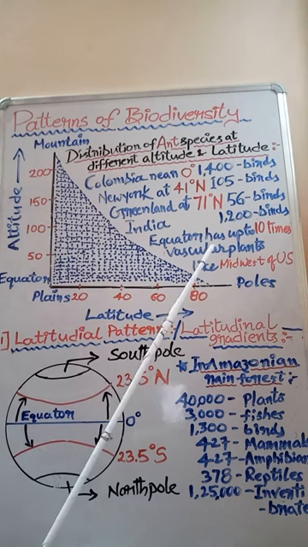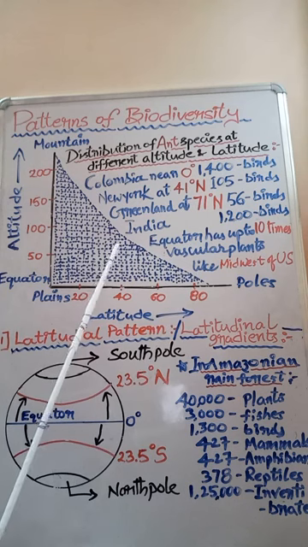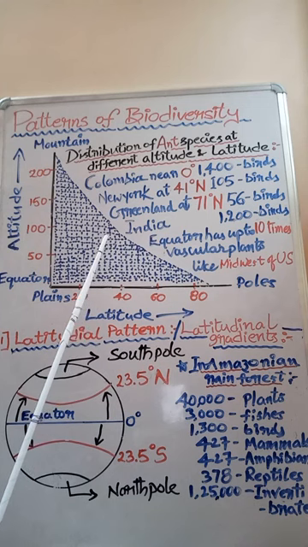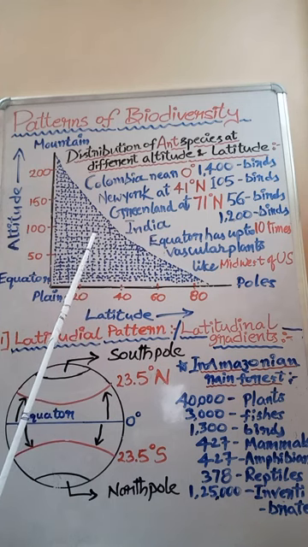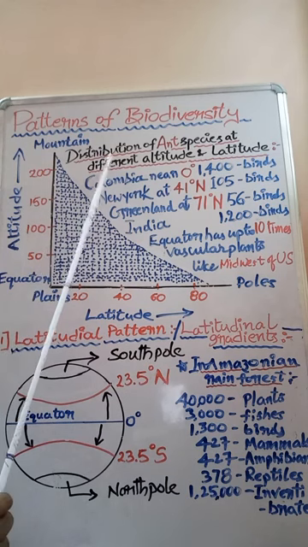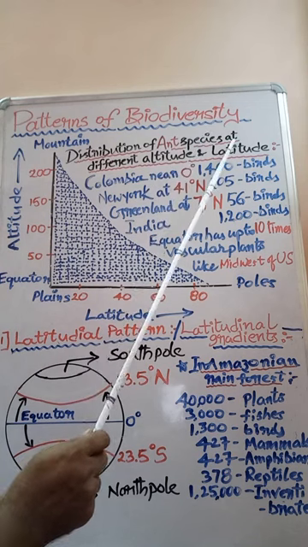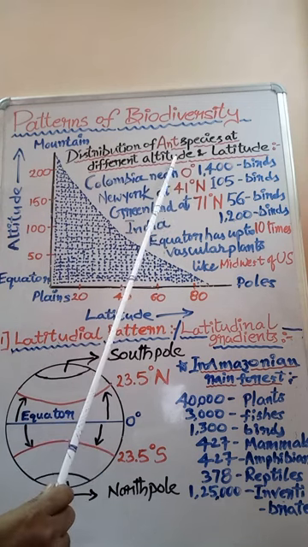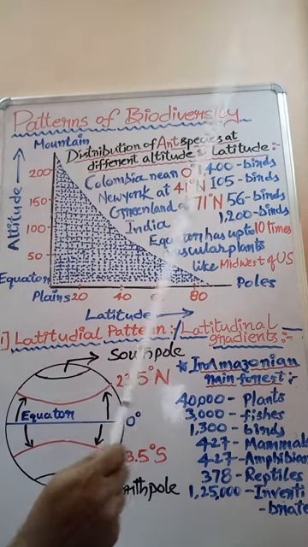Before going to learn that topic in detail, I would like to give you detailed information regarding this particular graph, which is out of the NCERT textbook but important to understand the concept well. Have you seen the heading here? Distribution of ant species at different altitude and latitude.